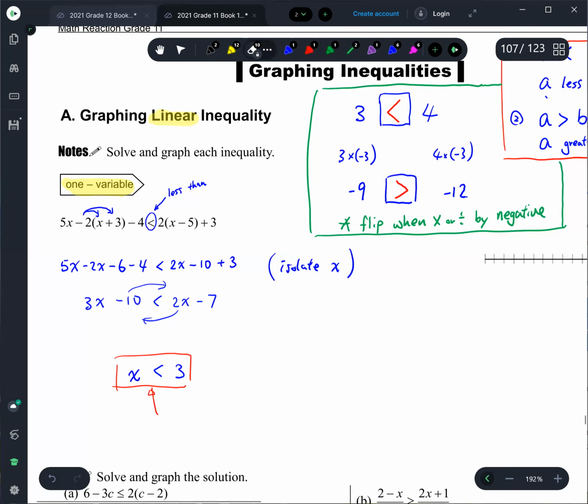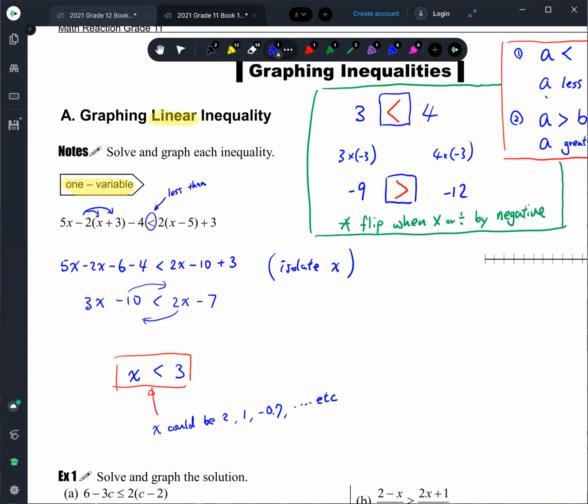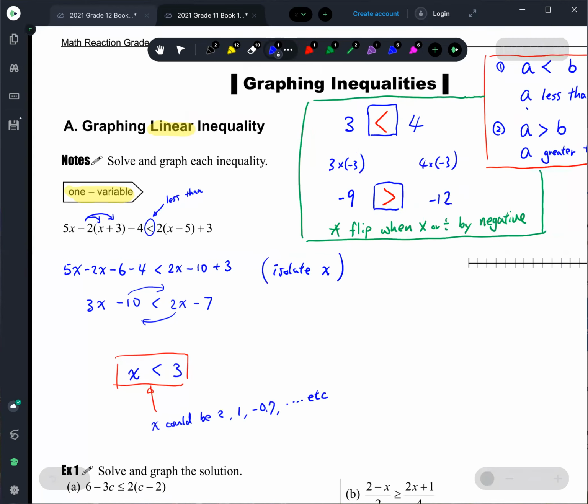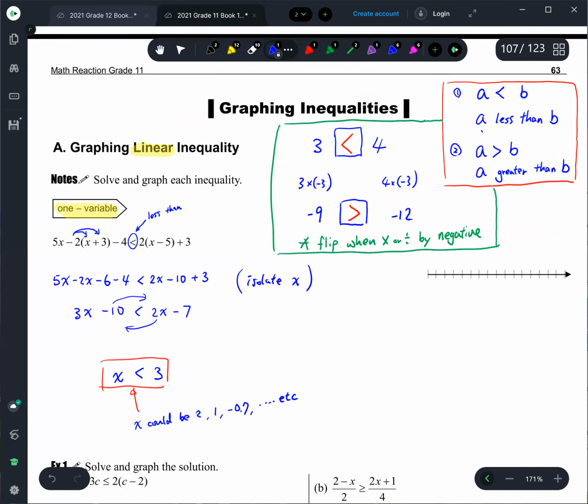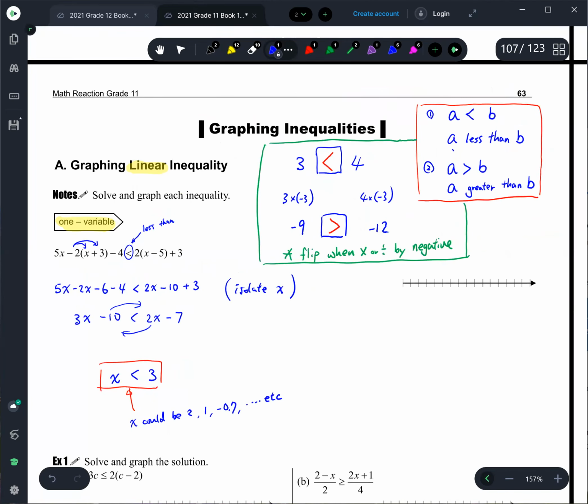X could be 2, could be 1, could be negative 0.7. Could be many, a lot of numbers. Any number as long as it's smaller than 3 will be your answer. So we can write the answer like that, or we could also show it with a graph.